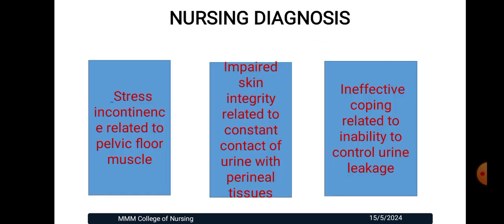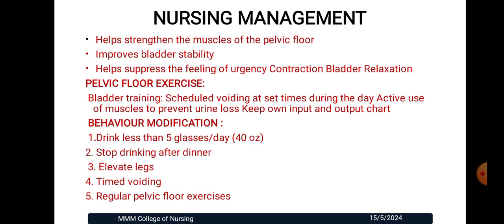Coming to the nursing diagnosis: stress incontinence related to weakness of the pelvic floor muscle, impaired skin integrity related to constant contact of urine with perineal tissues, ineffective coping related to inability to control the urine leakage.